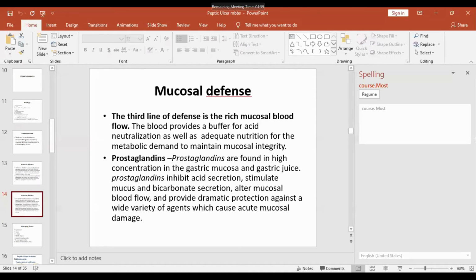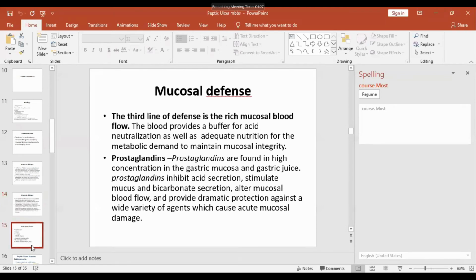That's how they provide dramatic protection against a wide variety of agents that cause mucosal damage. Prostaglandin is very important because all those defense mechanisms, mucosal defense, rich blood supply and bicarbonate, are controlled by it. So these are the various defensive mechanisms you should know.